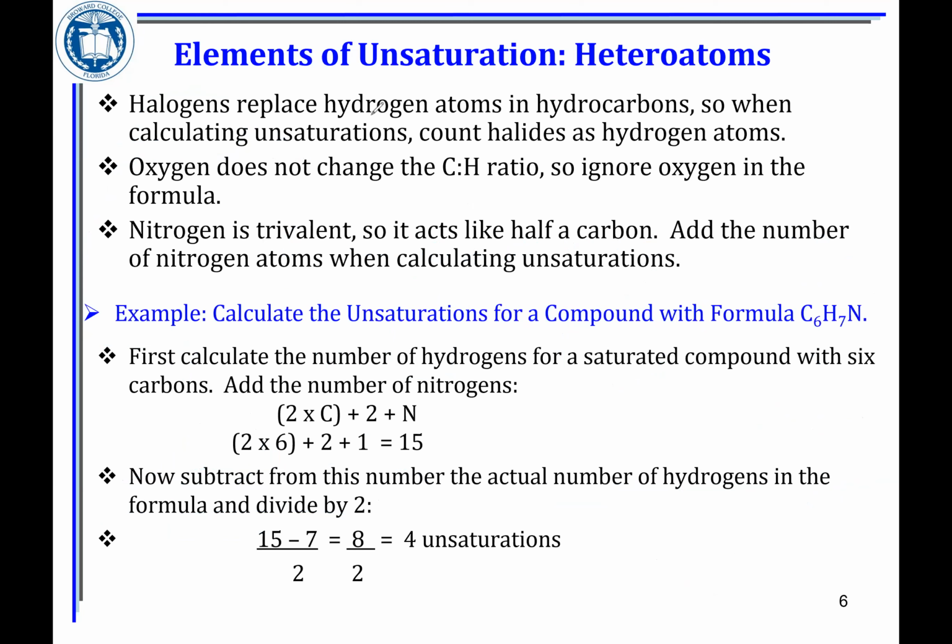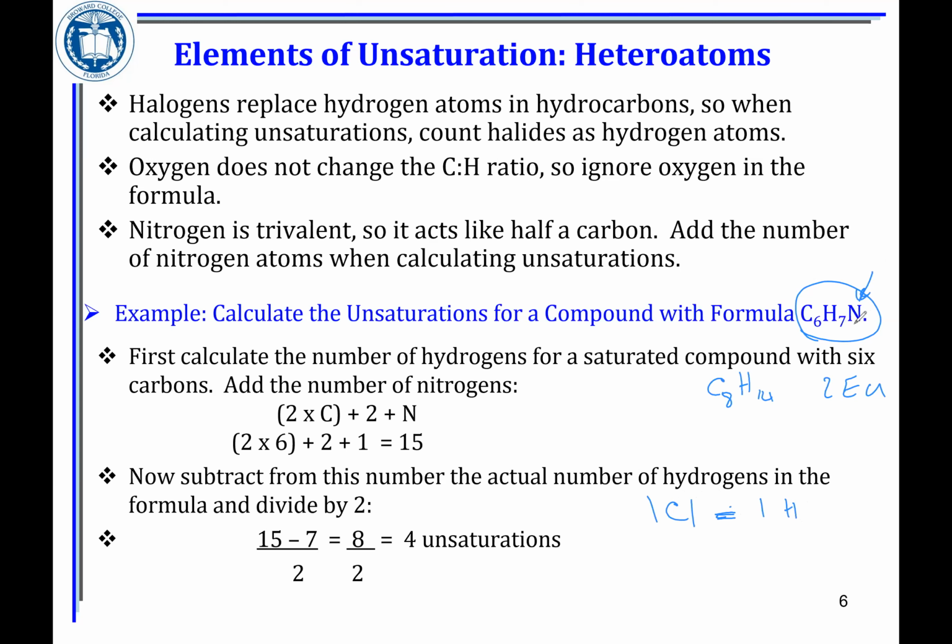Now, we already practiced that, with H14, and we counted 2 elements of unsaturation. Now, what happens if your molecule contains a heteroatom? If the molecule has a halogen like Cl, that is equivalent to 1 H. So 1 Cl is like 1 H, and you have to substitute.